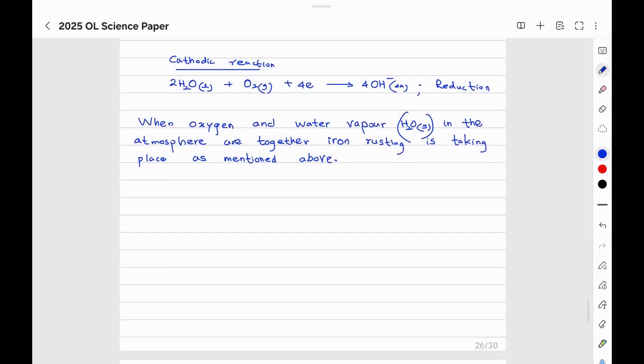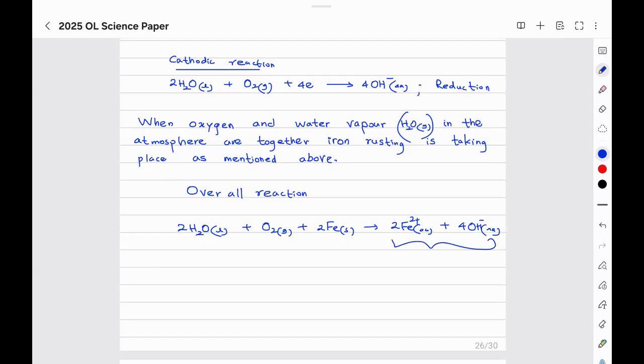When you consider the overall reaction, it can be written as 2H2O liquid reacting with oxygen and 2Fe solid, producing 2Fe2+ aqueous and 4OH minus. Instead of these two, you can write ferrous hydroxide, Fe(OH)2 solid.